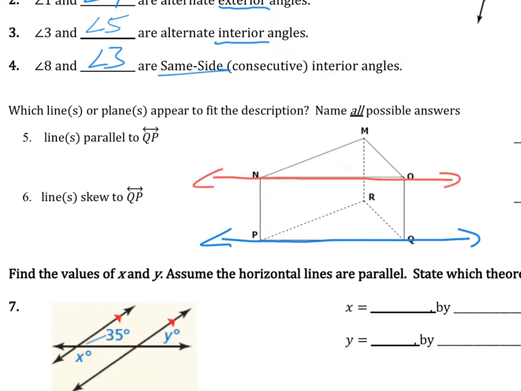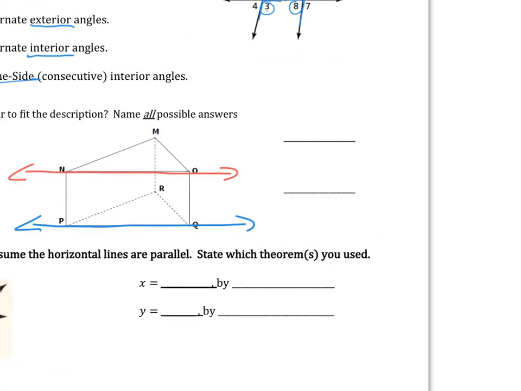So there's a parallel line to that. PQ is parallel to NO. All right, we can go ahead and write that out. So those are parallel lines.